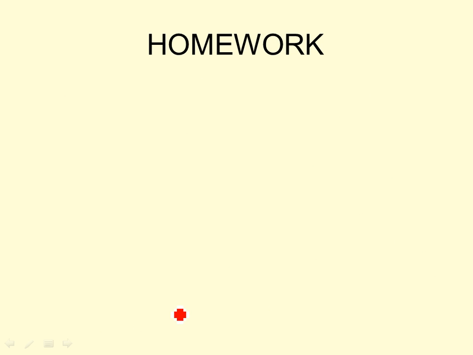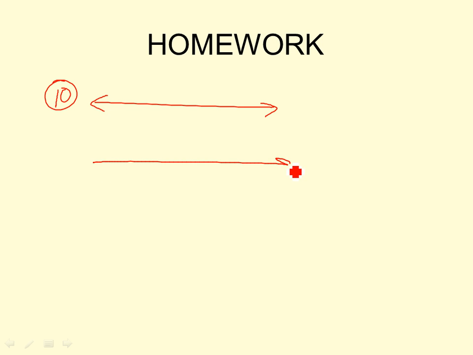Let's do one of the crook problems. We'll do number 10. Number 10 looks like this. That's angle 1. They say this is 62 degrees, this is 144 degrees.